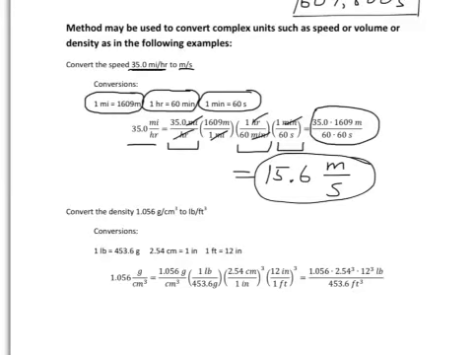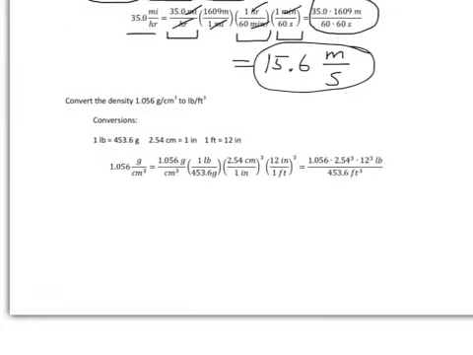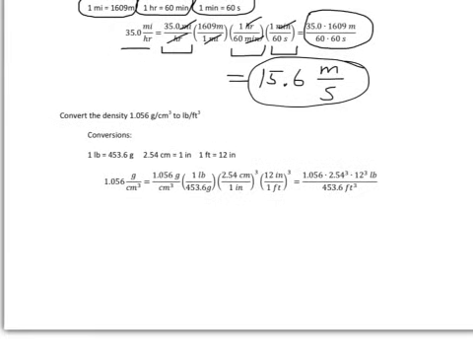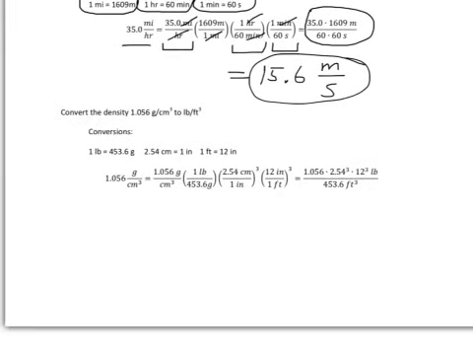In my next example, I'm going to convert a density. So suppose I have a density given in grams per cubic centimeter, 1.056 grams per cubic centimeter, and I want to find out what that mass is in pounds per cubic foot.